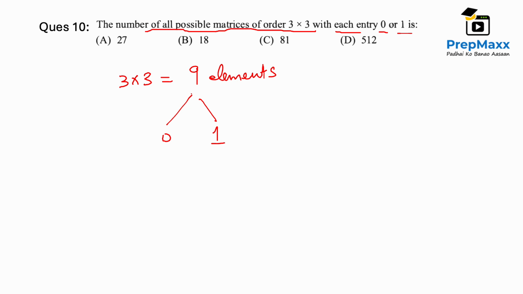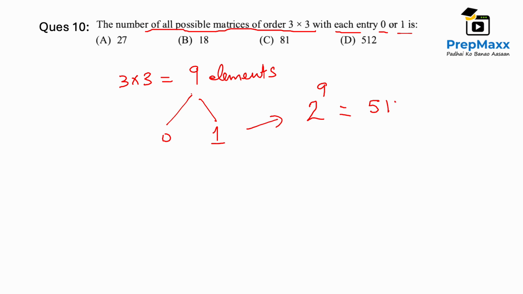So what could be the possible number of matrices? Each element has two possibilities, either 0 or 1, and this is the scenario with all the 9 elements. So there are 2 raised to the power 9 matrices which are possible based on this condition.